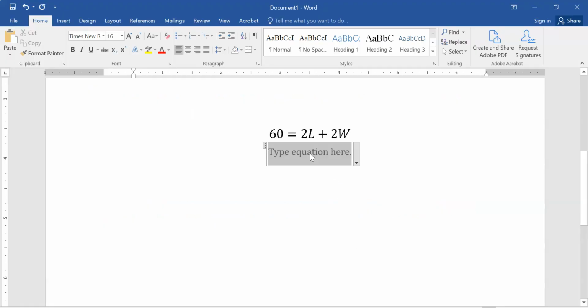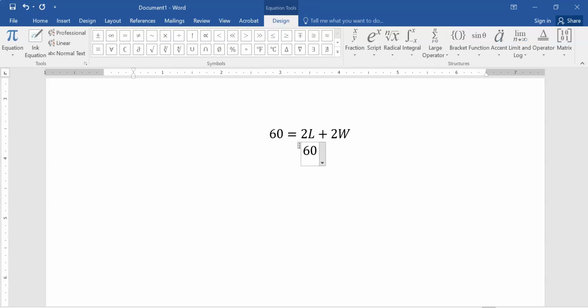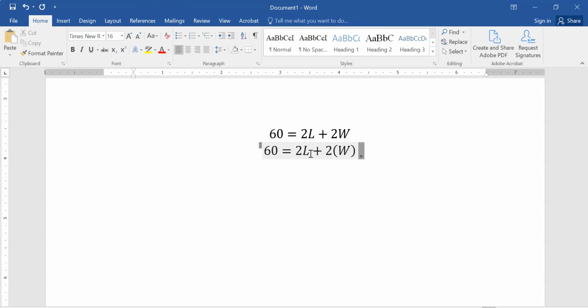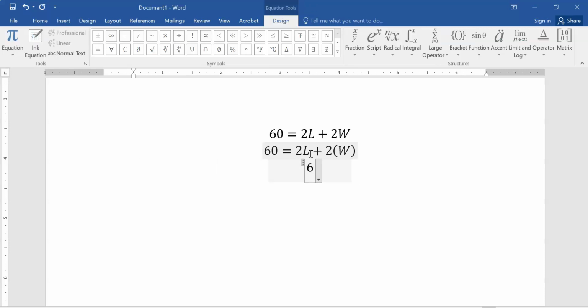In the same way we dealt with the related sums, I'm going to say 2L plus 2W, but I'm going to put parentheses around W because I am going to replace that W with an expression which comes out of that sentence.